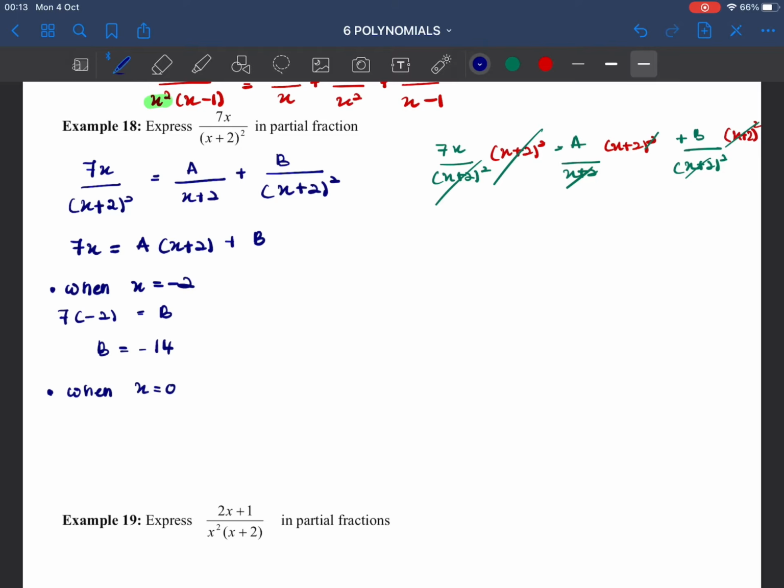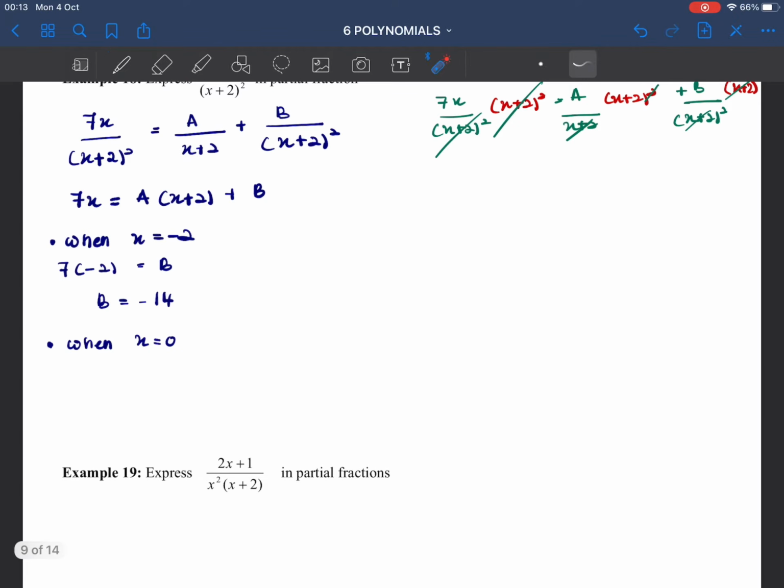Tapi kalau dah tak ada value, we can substitute any value for your x. So let's try. When x equals to 0, substitute into this expression. We have 7 times 0 equals a times 0 plus 2. B, we already get our answer, which is negative 14. So here is minus 14. Okay, so straight away you will get your answer. 2a is equal to 14, so a is equals to 7.